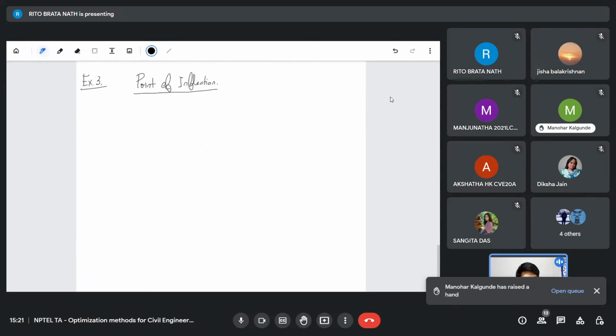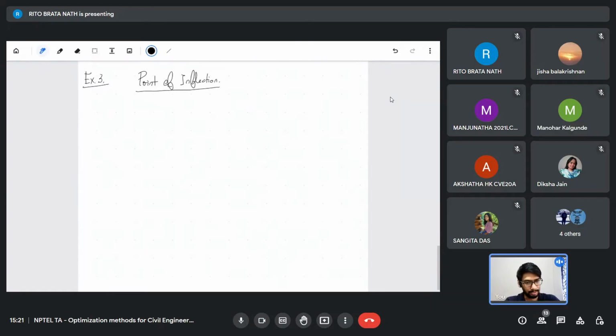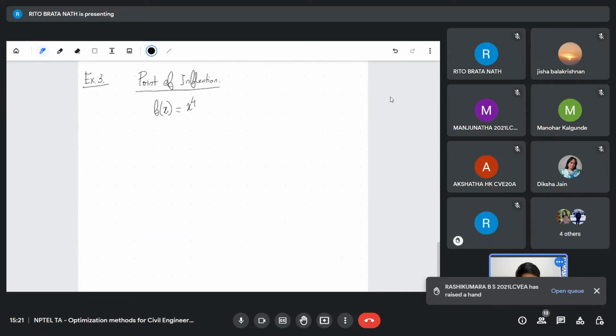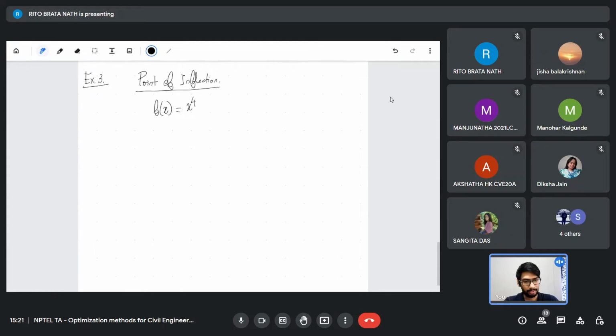So let us understand this more with an example. Suppose I give you a function f(x), which is x to the power 4. Okay, so let us take this as x square. So now you can find the first derivative.